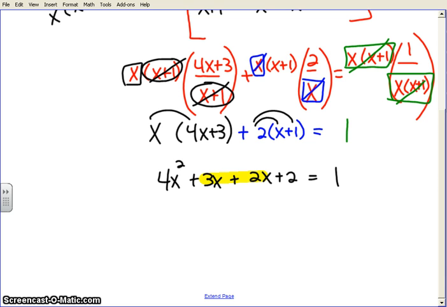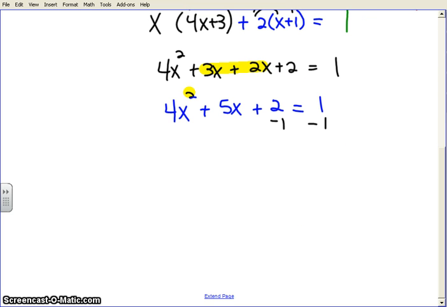We're going to go ahead and combine like terms. That's going to leave me with 4x squared plus 5x plus 2 equal to 1. And since this is a quadratic, I need to set my equation equal to 0. So I'm going to subtract 1 on both sides.